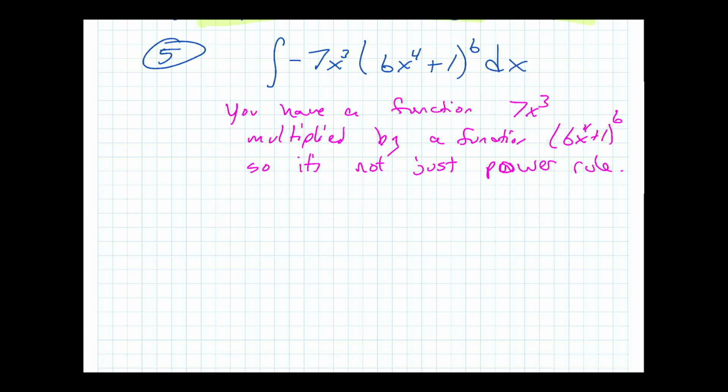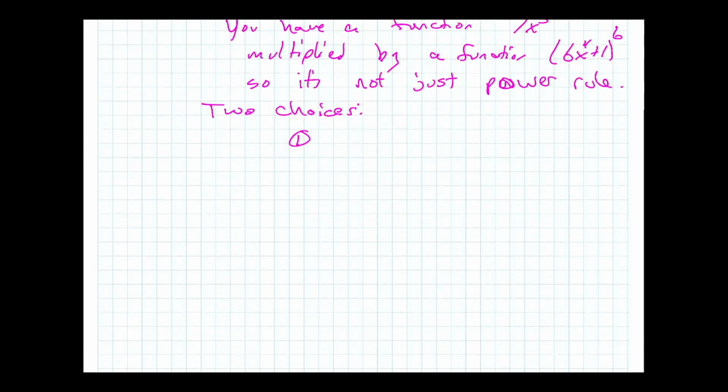Okay. So you have two choices. Number one is to simplify it, which involves multiplying this out, which is insane. Nobody's going to multiply out 6x to the fourth plus 1 to the sixth power unless they really, really have to.